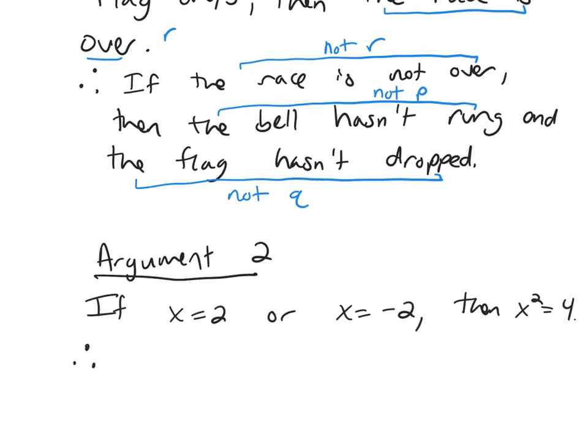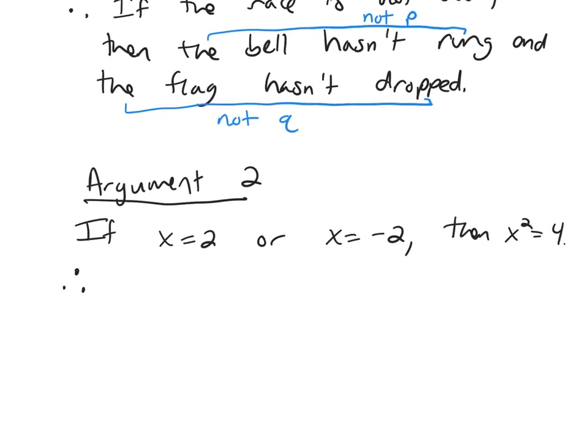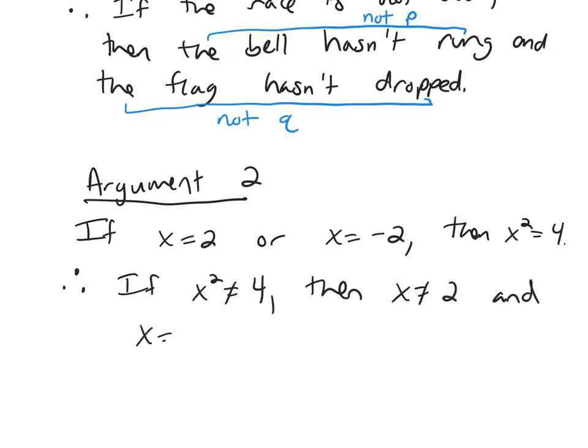Therefore, if x squared is not equal to 4, then x is not equal to 2, and x is not equal to negative 2.